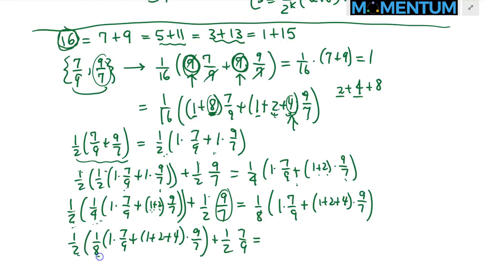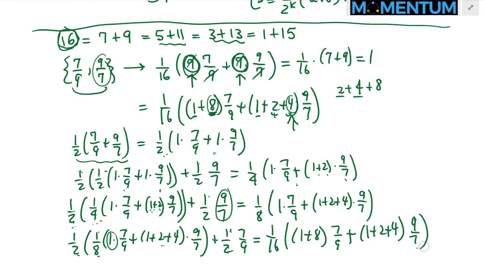So that's 1 over 16. We can factor out the 1 over 16. There's 1 7 over 9 here. And then when you do 1 over 16, this is 8 over 16. So there's 8 more. So 1 plus 8, 7 over 9 plus, and then the other one didn't change. 1 plus 2 plus 4, 9 over 7.